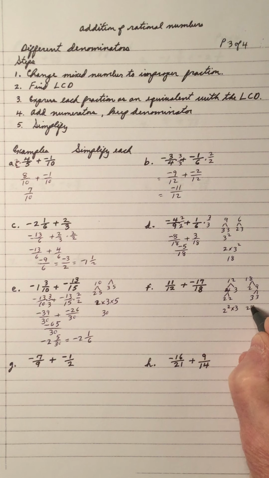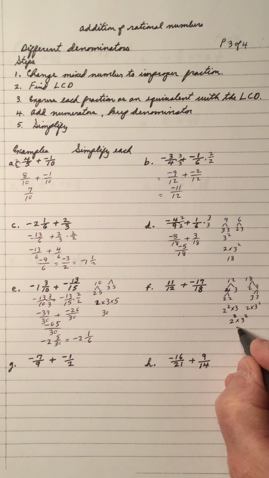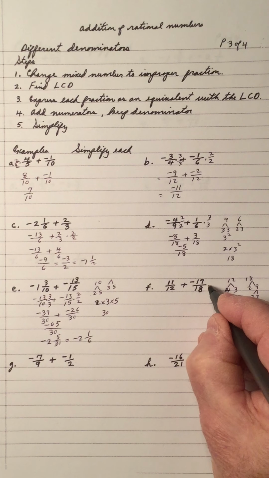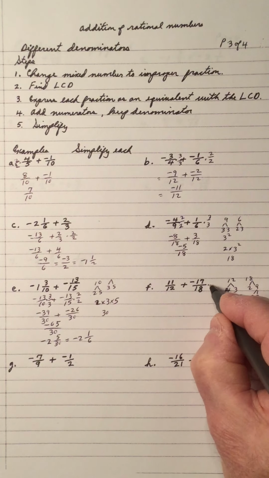So that's 2 times 3 squared. So we have factors of 2 and 3. So the highest power of 2 is 2. Highest power of 3 is 2. That's 4 times 9, so we got a common denominator of 36. Multiply the 18 by 2.